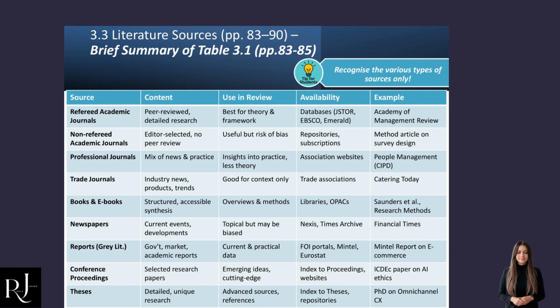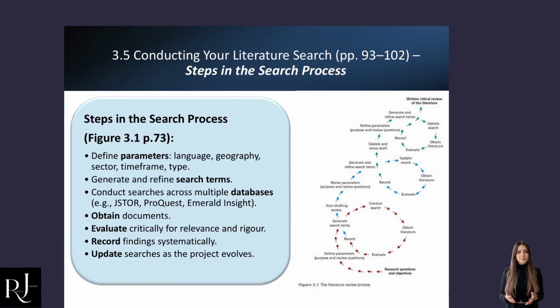Conducting your search is a systematic process. As shown in Figure 3.1, you must first define your parameters, including language, geography, and time frame. Then, generate and refine your search terms. Conduct searches across multiple databases like ProQuest or Emerald Insight to ensure comprehensive coverage.